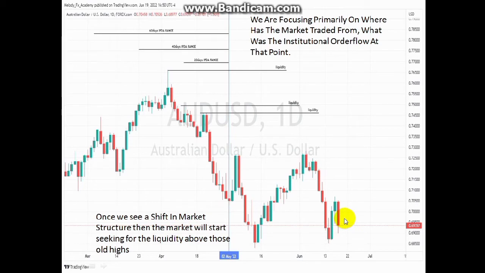This gives us a frame, an idea that since there's a quarterly shift every 3 months, price is going to seek the last liquidities based on the previous order flow. In other words, since we are bearish in the last 60 days, liquidity is probably going to be residing above these old highs.